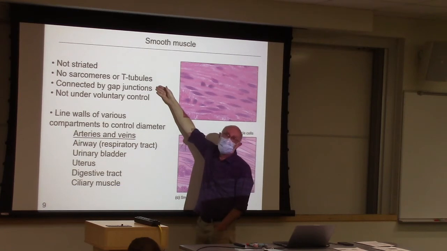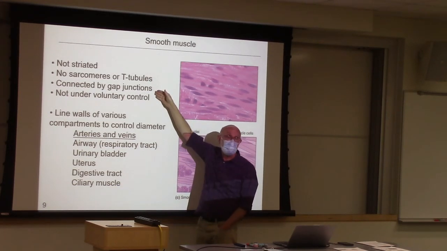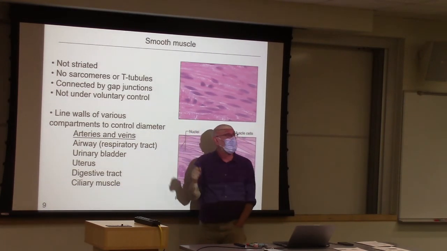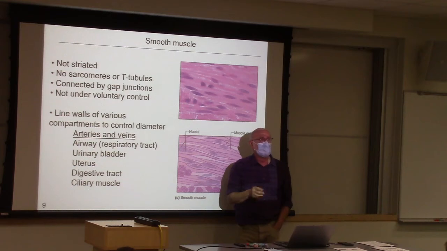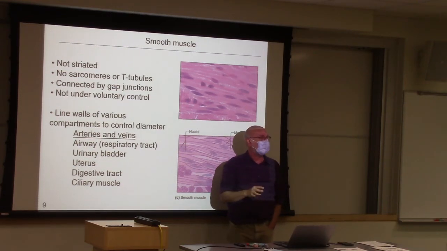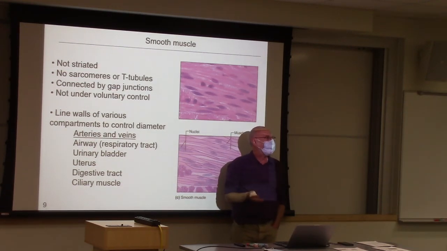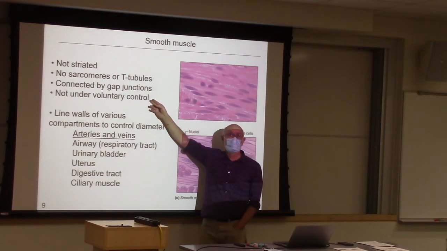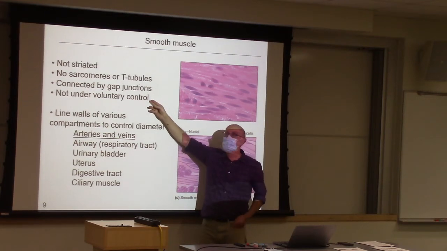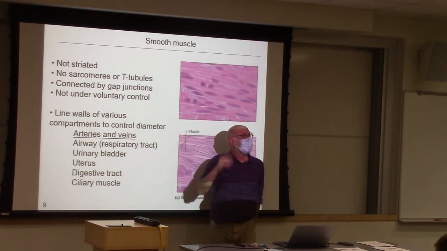They are, in general, connected by gap junctions. So one smooth muscle cell is connected to its neighbor electrically as well as physically. They don't have desmosomes, but they are physically and electrically connected. And mostly, your smooth muscle is not under your conscious control.